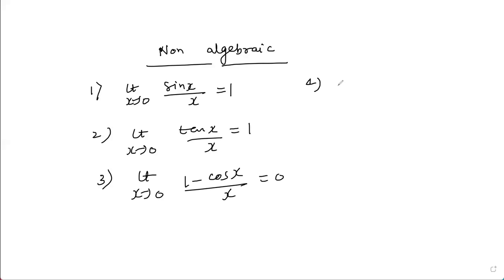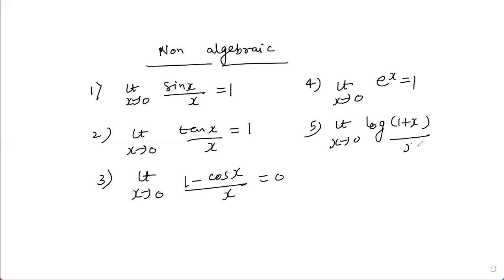If we have exponential, then limit x tends to 0, e to the power x will be 1. This we can also tell from the exponent concept as well. Now, next is limit x tends to 0, log(1 plus x), if it's a logarithmic function, whole divided by x, that will be 1.